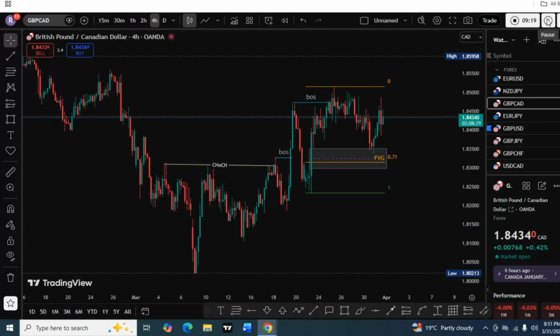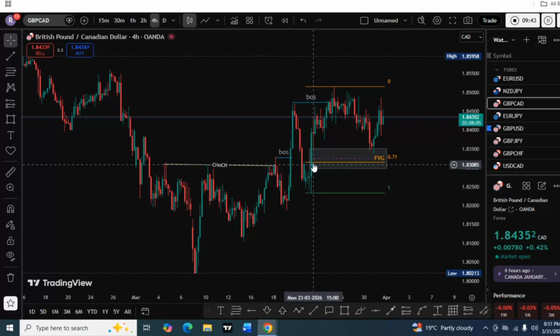As you can see, another example here on this pair. It is crucial that you identify fair value gaps so that you refine your trades when you enter your trades. Here, the market just tapped into our fair value gap, and then it didn't go right away to the 71% level.